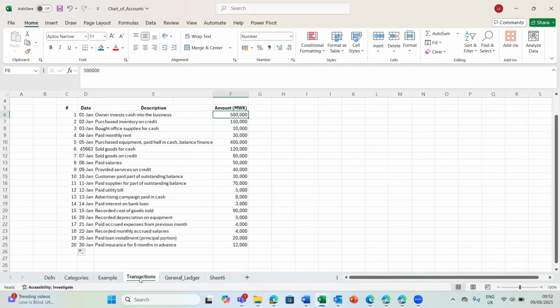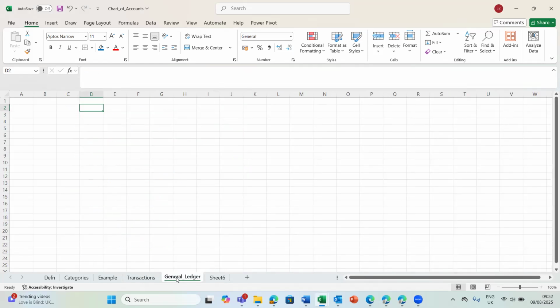Okay, so what do we want? One, in the GL, we have date. Number two, we have account. Number three, we have account description, a description of the account or of the transaction.